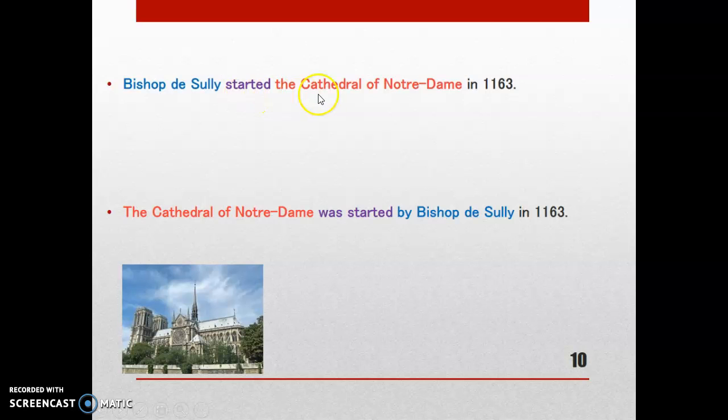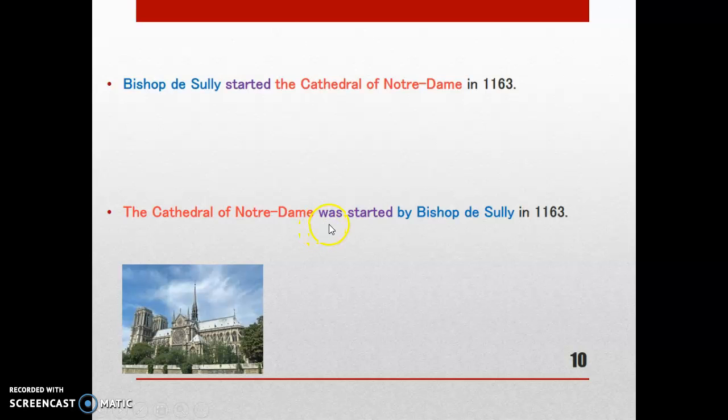Bishop de Salle started the Cathedral of Notre Dame in 1163. We have subject, verb, object, complement. The object becomes the new subject. The verb remains in the second place, but in this case, as it is in the past, we have to decide whether to use was or were.